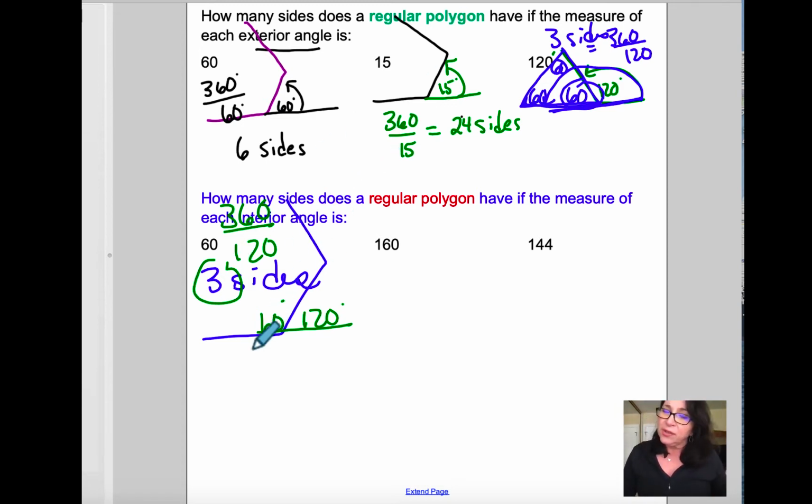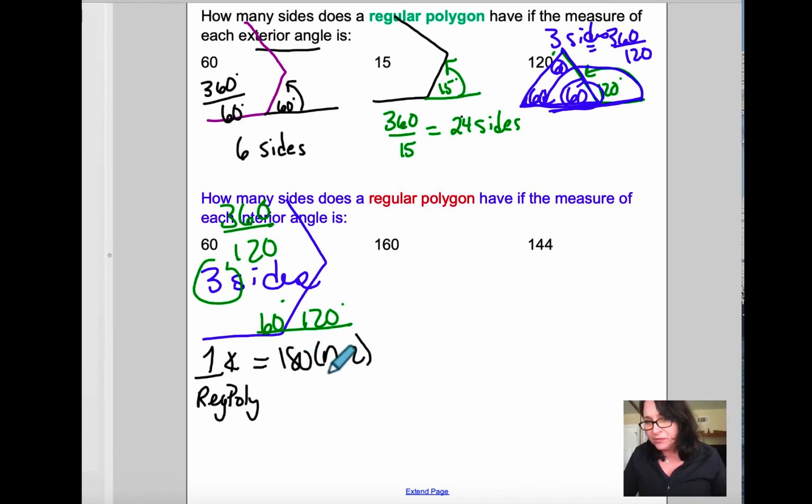The other way to do this is to use the formula for one angle in a regular polygon. This has to be a regular polygon, because that makes all the sides and angles equal, so you can just divide by that many. So this is equal to 180 times n minus 2 divided by n, n being the number of sides.